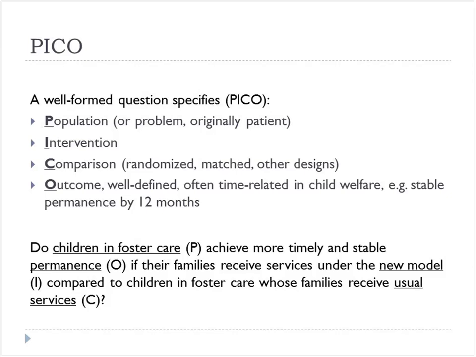When we don't have that, we often will use a matched design, and so I'm going to call that comparison group the counterfactual group, but sometimes I'll refer to it as the matched group. Comparison, matched, and counterfactual are just different terms for the same thing.